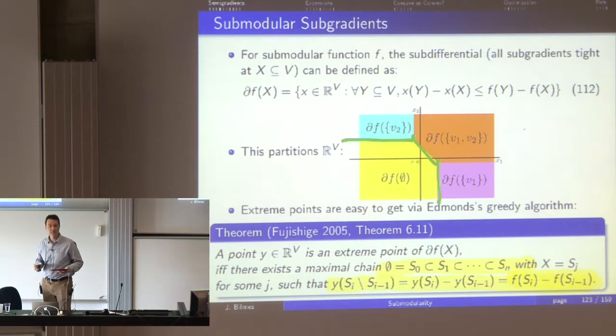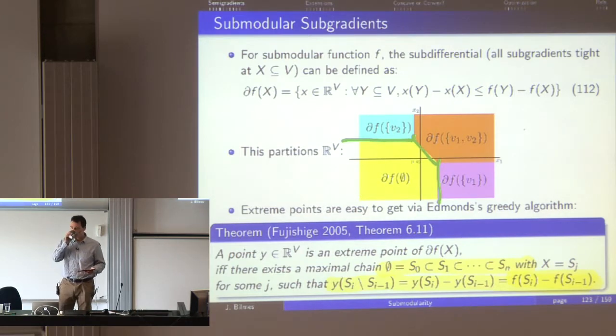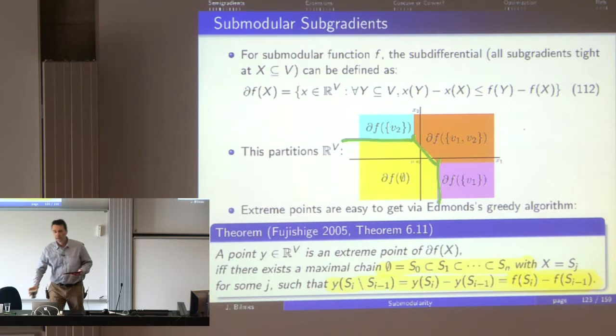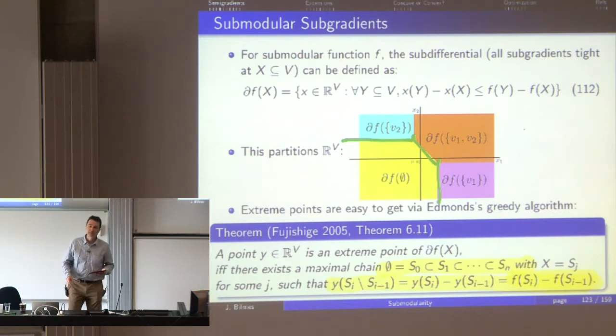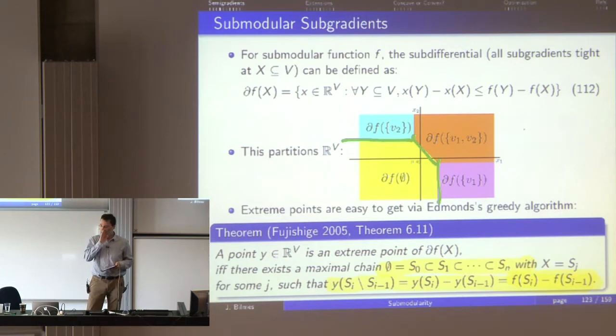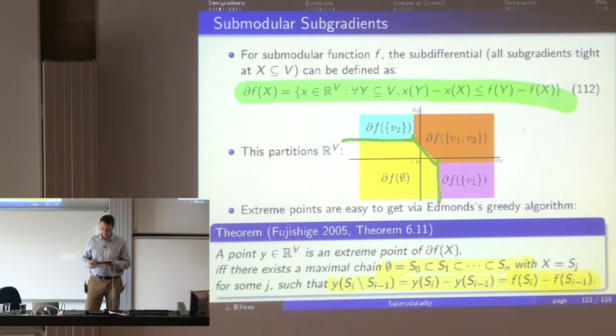In fact, that's the submodular polyhedron. It's no longer necessarily entirely living in the positive orthants, but the subdifferentials in general correspond to essentially a partition, one of which, the one evaluated in the empty set, is exactly the same as the submodular polyhedron.